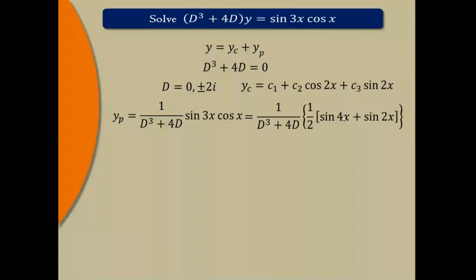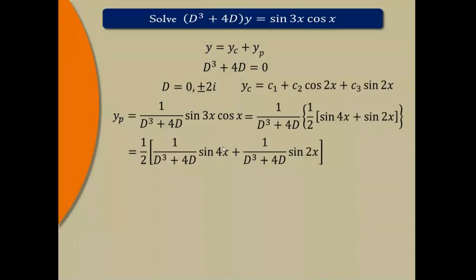Now separate it out, take 1 by 2 outside, and apply 1 upon D cube plus 4D to sine 4x and sine 2x. For sine, wherever there is a D square, we replace it by minus a square, the only condition being that the term should be non-zero.